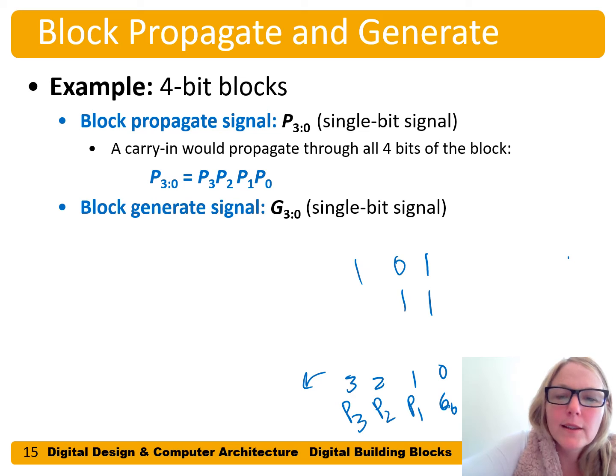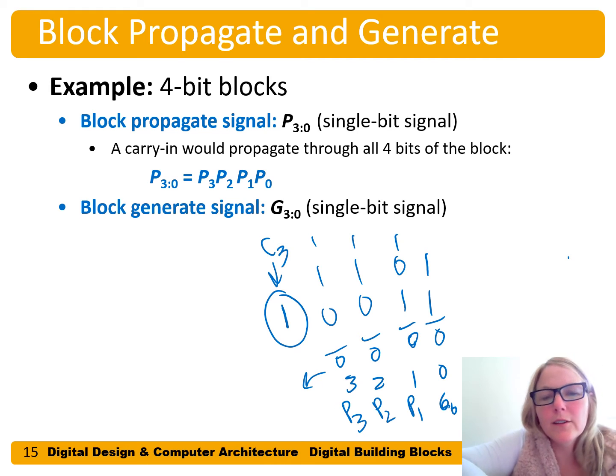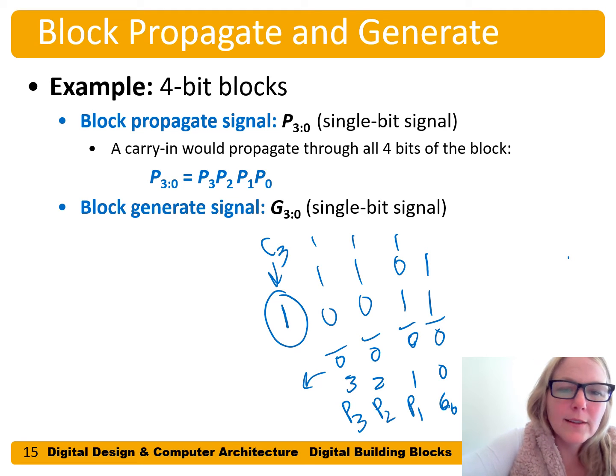So here's some examples where it is going to generate in column 0, and now it's going to propagate through the remaining columns and make it to the carry out. So here's our carry out of this 4-bit block, or in this case, C sub 3. Right? And here's a case where it wouldn't. So that's our last case. We had generate of that 4-bit block. Remember, that's a 1-bit signal.